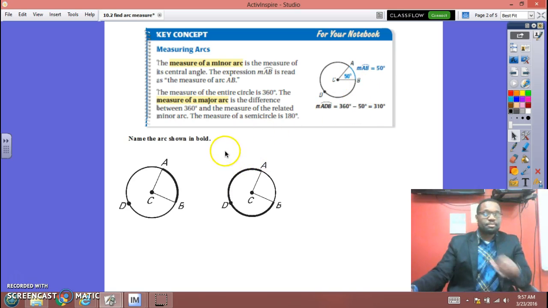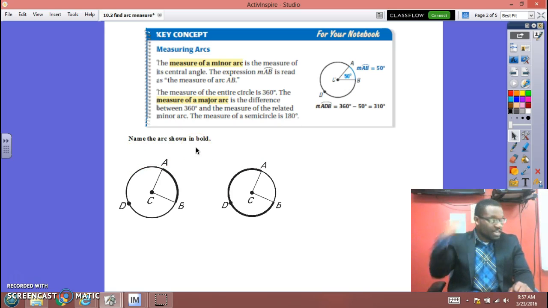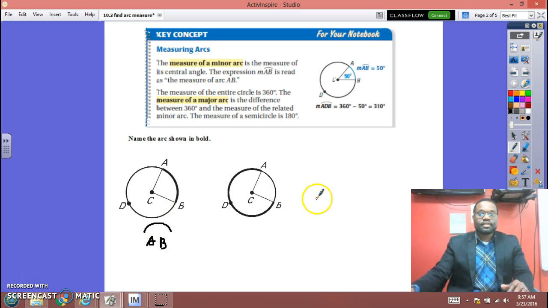Now here's a couple examples of that. Name the arc, well, this is just naming anyway. Name the arc shown in bold. This would be, and you would write this down, arc AB. So the little arc symbol, and then A, B. I'm using my mouse so I stink. Now, that's the bold part.